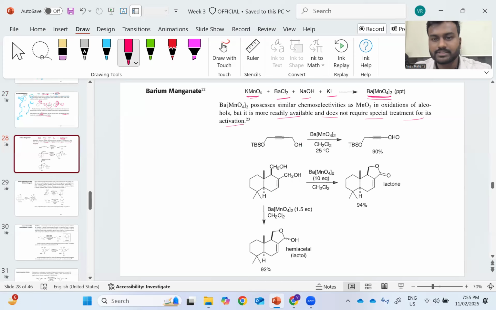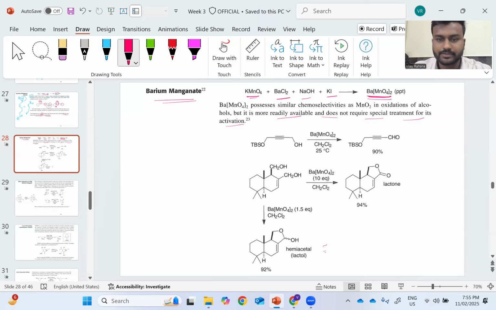But in the case of barium manganate, such activation is not really required. So that's why this barium manganate is preferable over the MnO2.